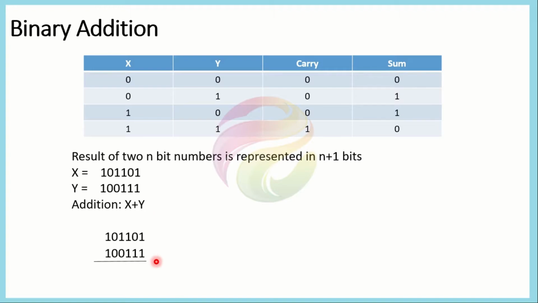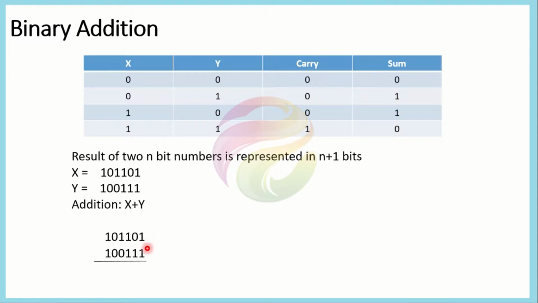We will add the numbers column wise. First we will add these two numbers 1 1 column wise. If we have a sum here, we will write the sum here, and if some carry is generated, that carry would be written here. Similarly, the result of the next column would be represented in a sum bit here, and if there is a carry generated, that carry would be written here. Similarly, we will move on to the next column.